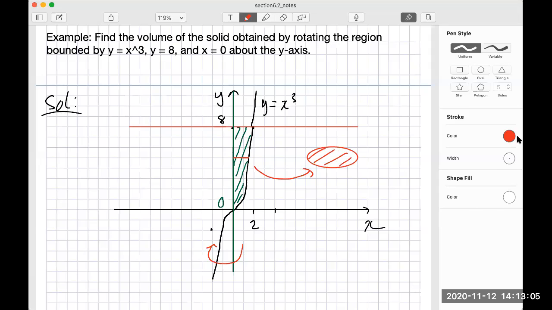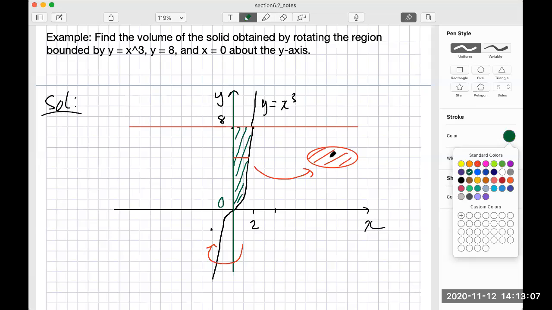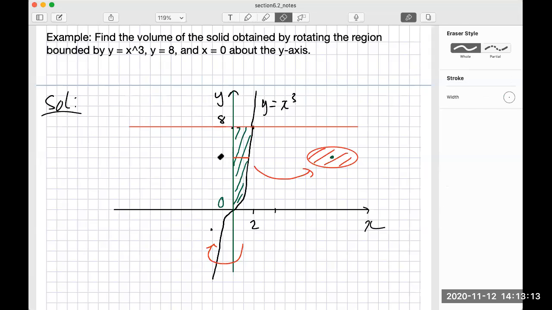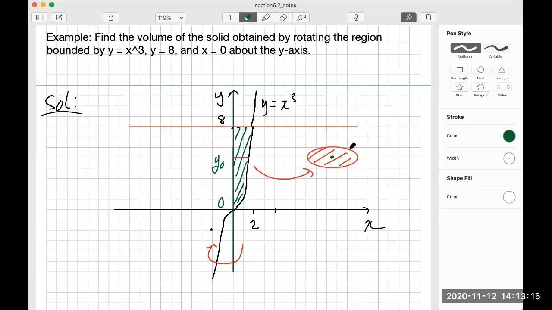And what is the area of this circle? Suppose this is the point (x, y0), and the center is at y0 on the y-axis. It rotates about the y-axis.